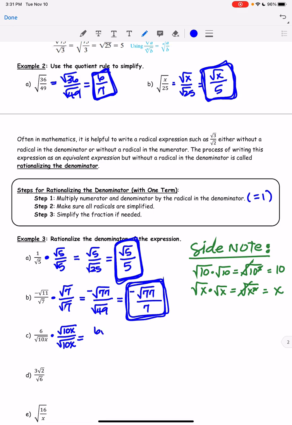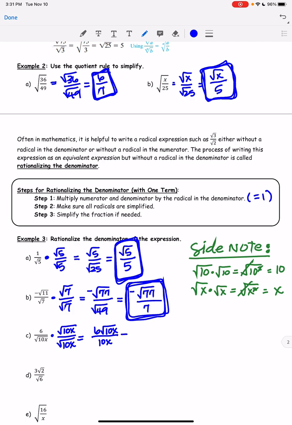This becomes 6 square root 10x. It's the same as if you did 6 times x. You just smush them together, right? Same thing there. Over square root 10x times square root 10x, we have just learned, comes out.